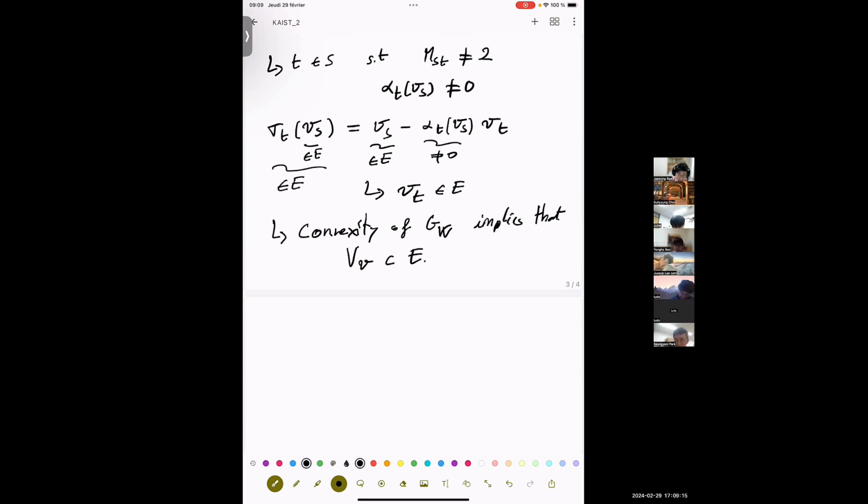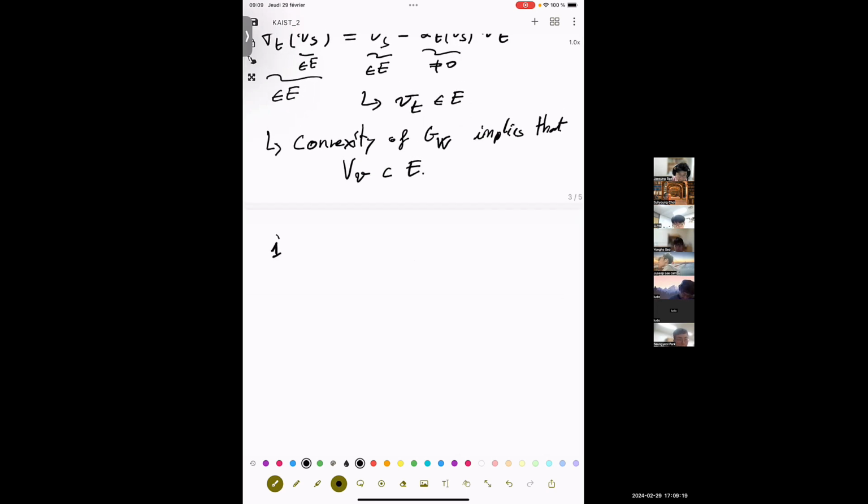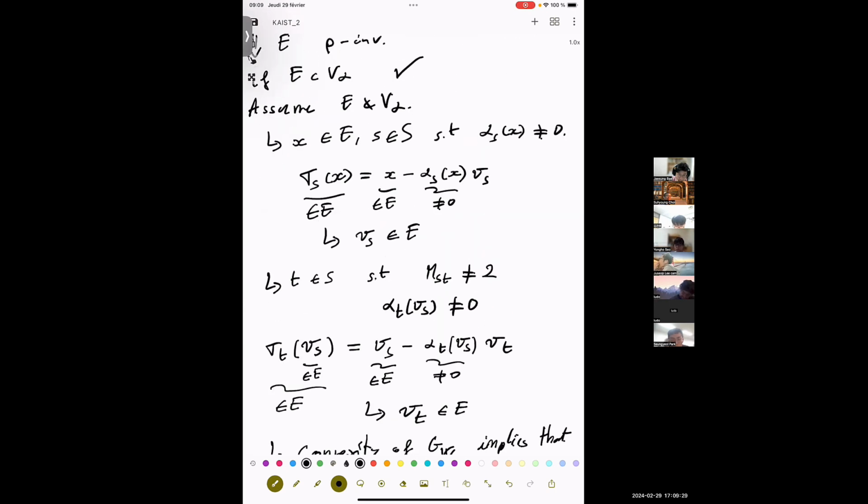Yeah. So, for example, let's say my Coxeter diagram looks like this. I can imagine that at the first step, what I get is that v_1 is in E.